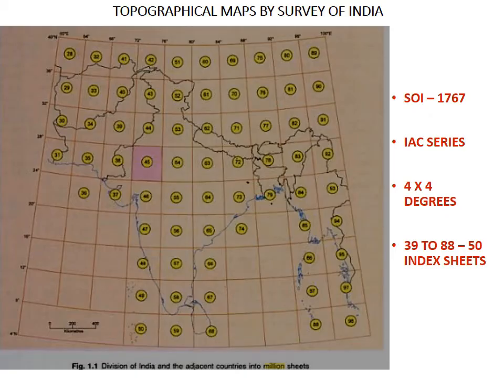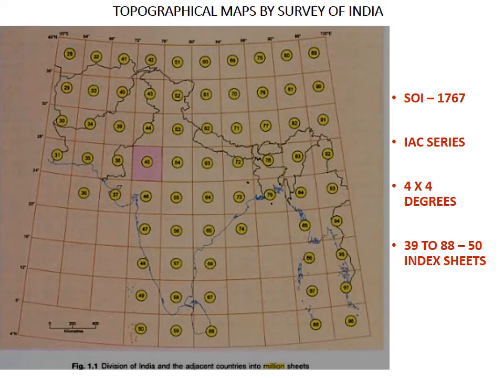If you look at the topographical maps prepared by Survey of India, this is going to give us two kinds of information: the physical features, the topography, the drainage, vegetation, as well as the cultural or man-made features, which are the road networks, railway networks, settlements, etc. The very purpose of preparing this topographical map is to present a sketched picture of the Earth's surface as it existed during the survey.